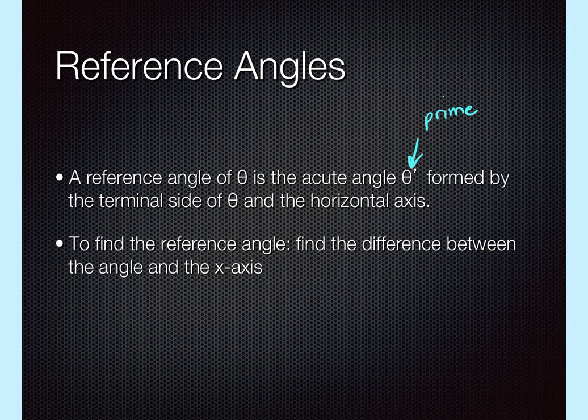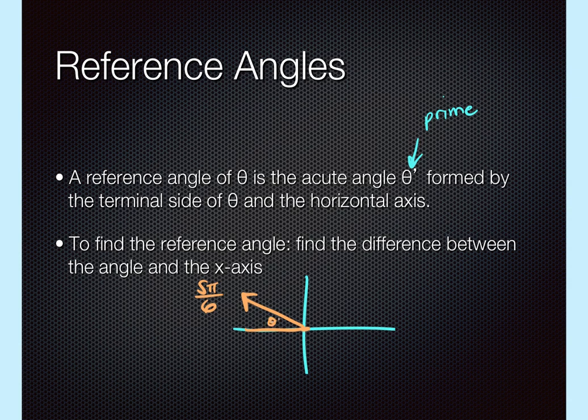To find the reference angle, you literally find the difference between the angle and the x-axis. For your general over 3s, over 6s, and over 4s, that is your reference angle. So if I said 5 pi over 6, this would be my reference angle, it is pi over 6.